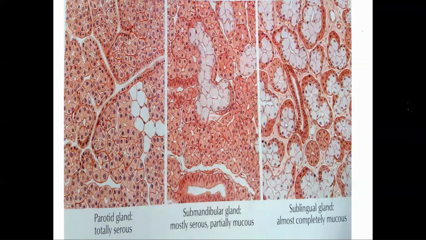Because of that, they appear empty, like vacuoles. The parotid gland is completely serous, the sublingual completely mucous, and the submandibular gland is a mixed gland, partly serous and partly mucous.